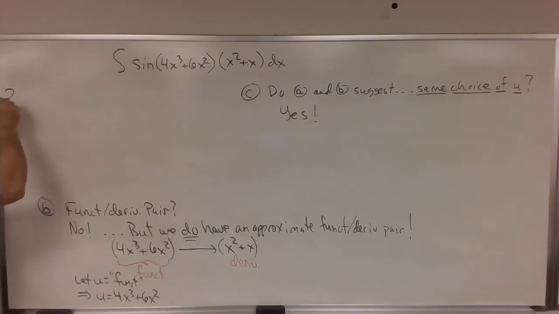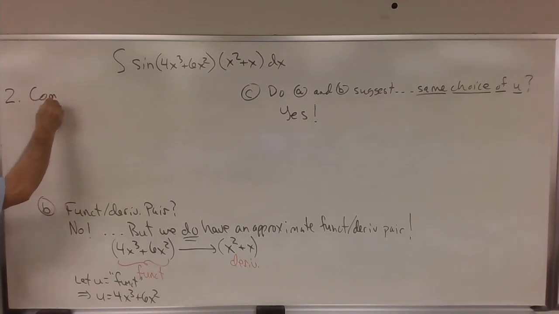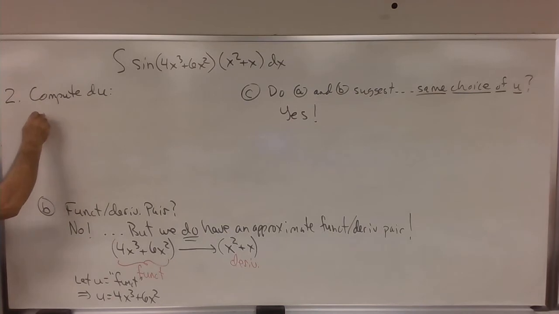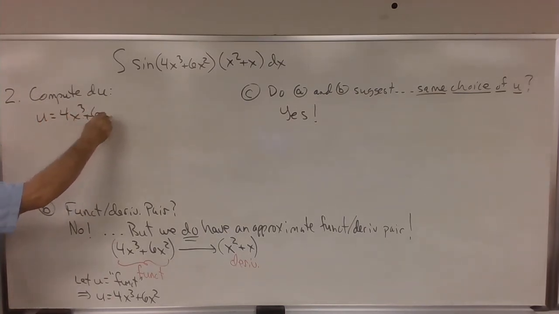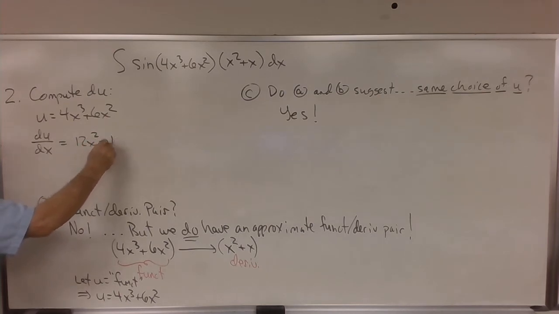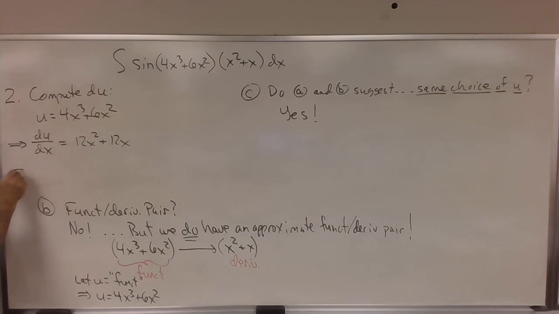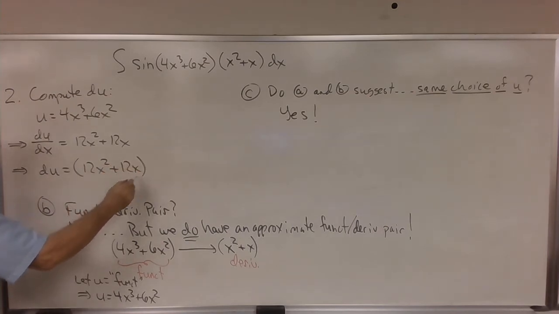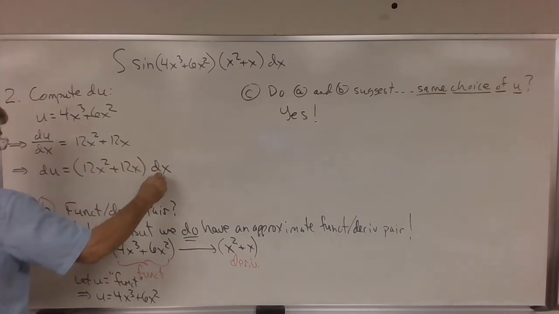And step 2, compute du. U equals 4x cubed plus 6x squared. Du dx is 12x squared plus 12x. And that implies that du is 12x squared plus 12x dx.